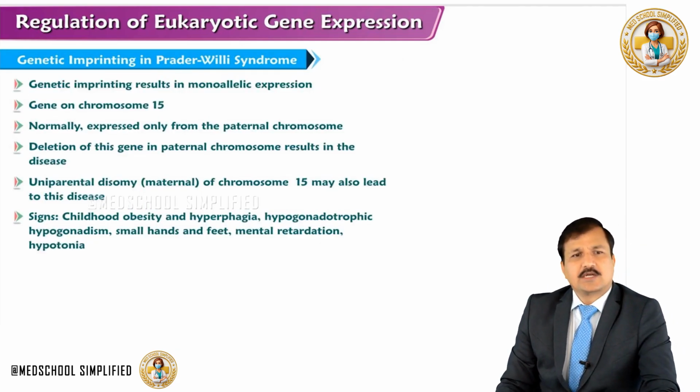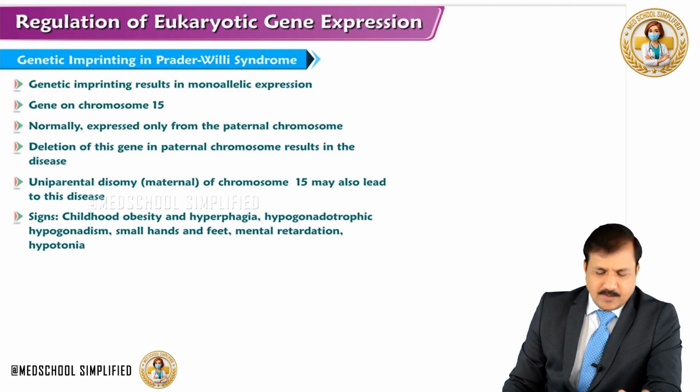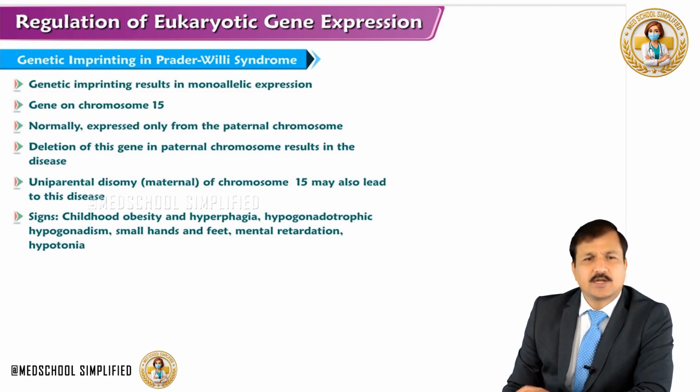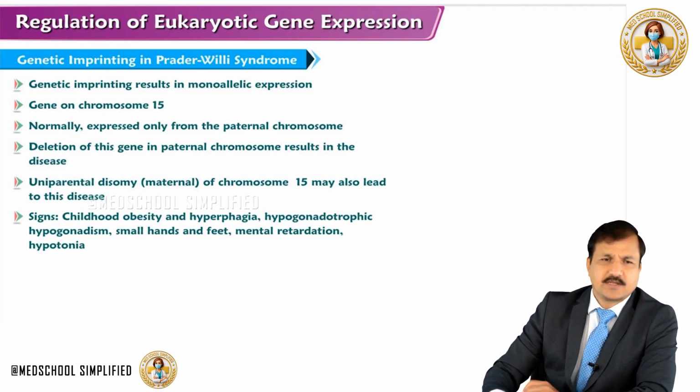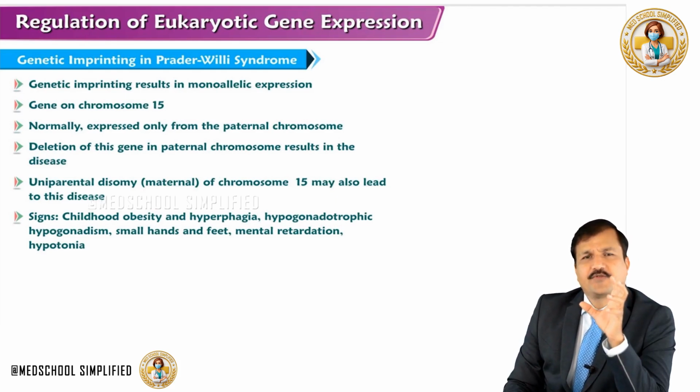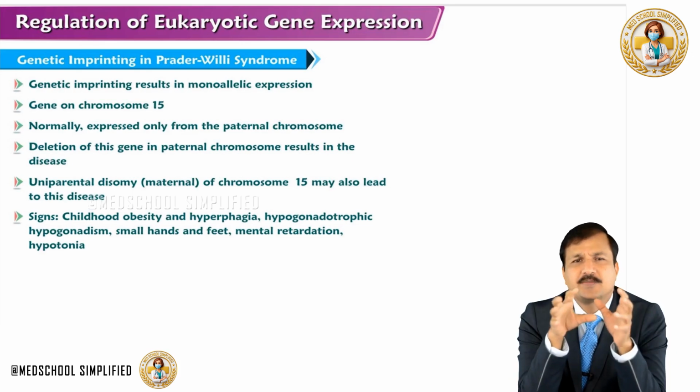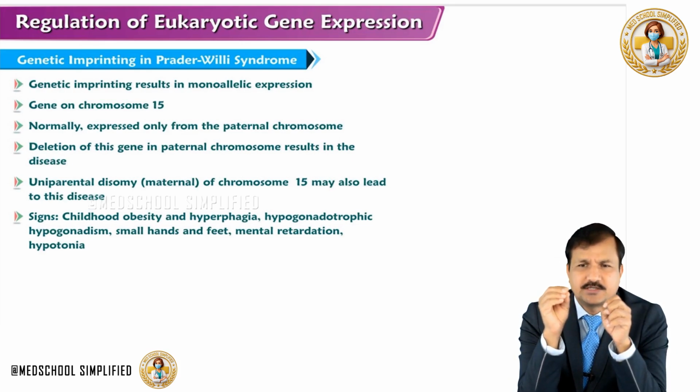Coming to gene imprinting in Prader-Willi syndrome. Just to go a little more into Prader-Willi syndrome here. The genetic imprinting of a few regions results in monoallelic expression. In some cases, this imprinting is according to the parent of origin.